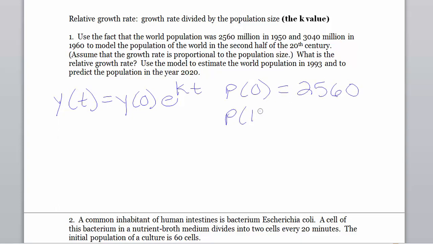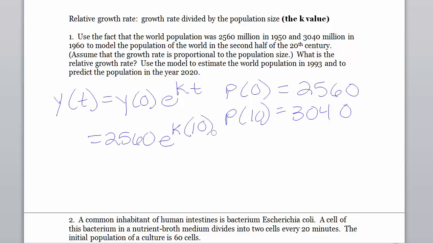And 10 years later, it's 3040. I'm going to do it in millions, okay? So now I can use this to set up your equation. So I know that to start with, I had 2,560 million times e to the k, and I'm going to say 10 years later, this is going to equal 3,040 million.